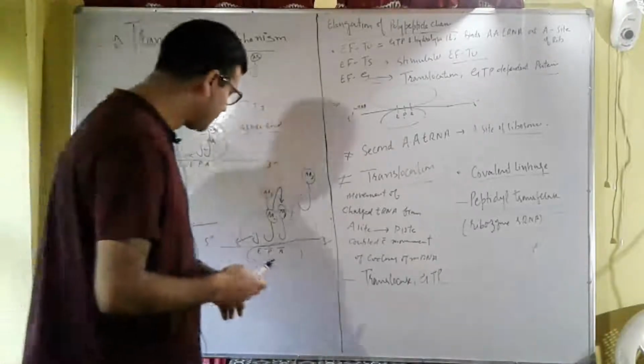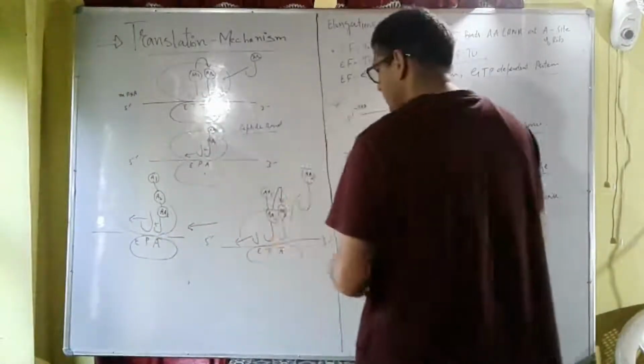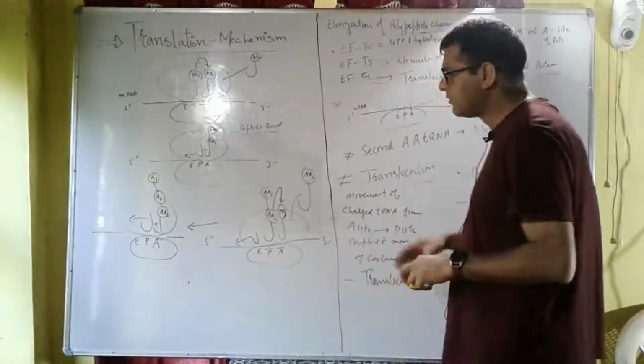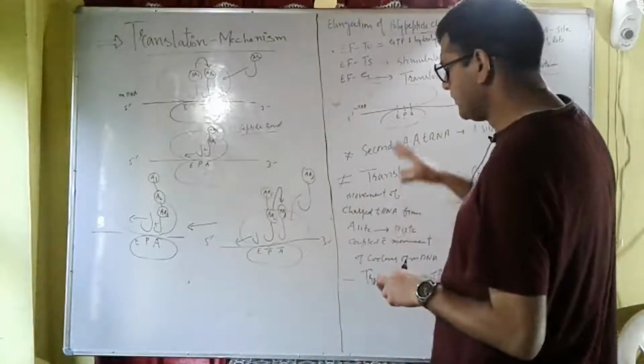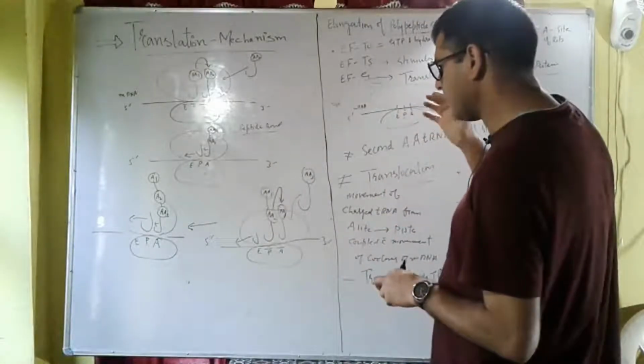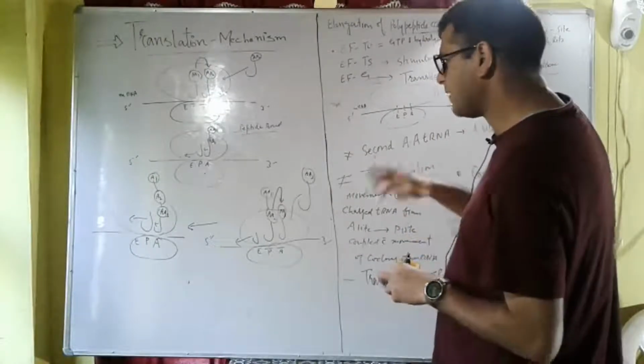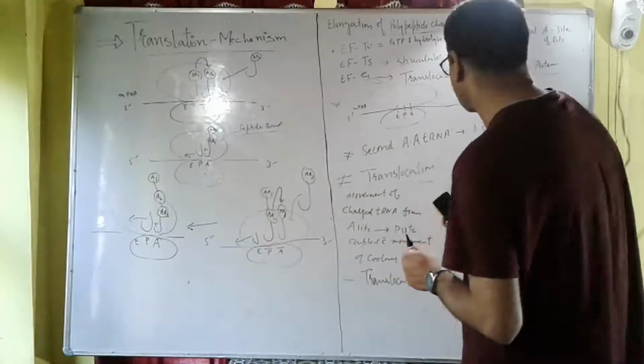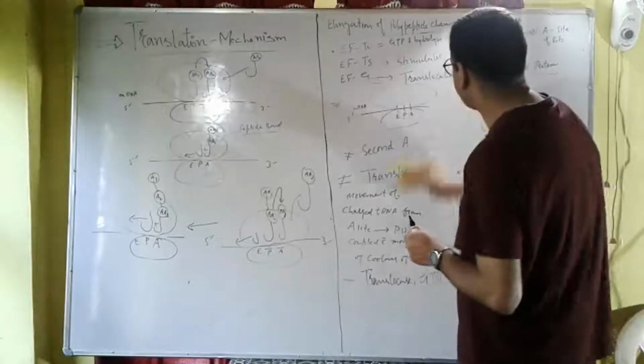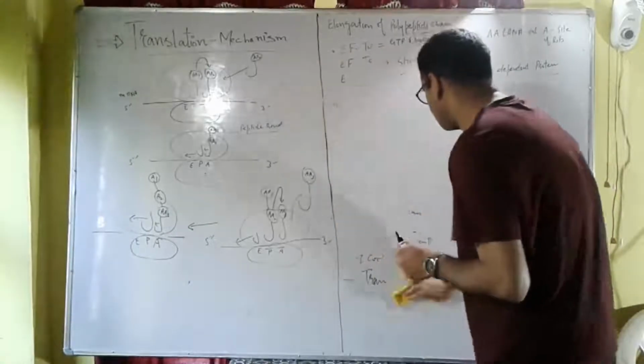So we can say that the arrival of charged tRNA, peptide bond formation and translocation, this process is repeated and the polypeptide chain grows.